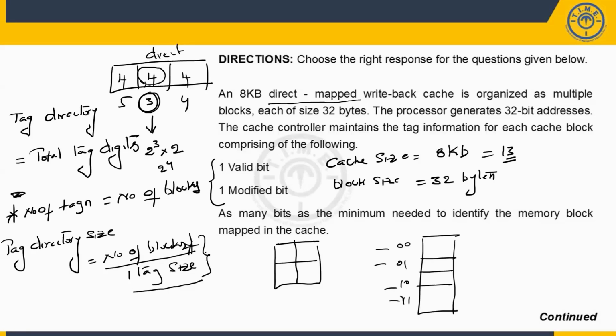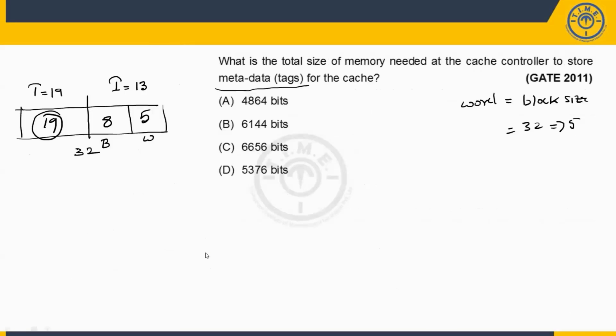So the total tag size will become 21. Address tag is equal to 19 plus 2, which is equal to 21. So yeah, total 21 digits.